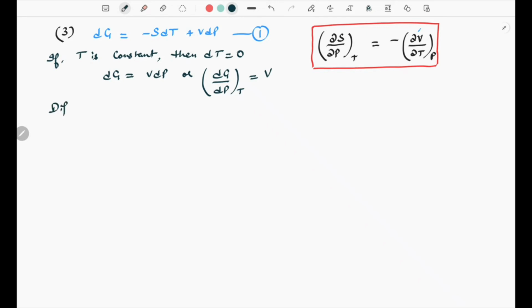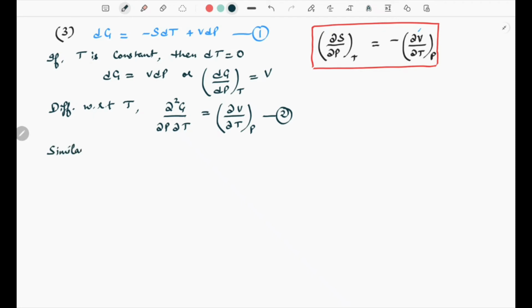Now differentiating the above equation with respect to temperature, what we get is ∂²G into ∂P ∂T. This becomes equal to ∂V by ∂T at constant pressure. This is our equation 2.